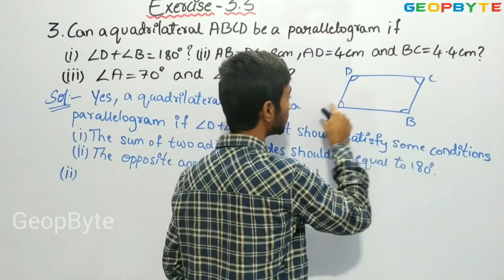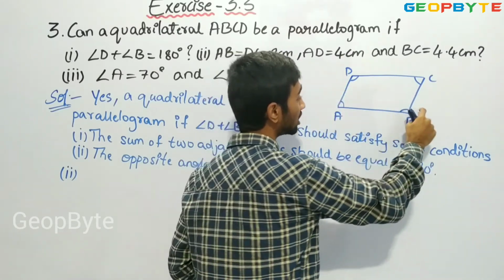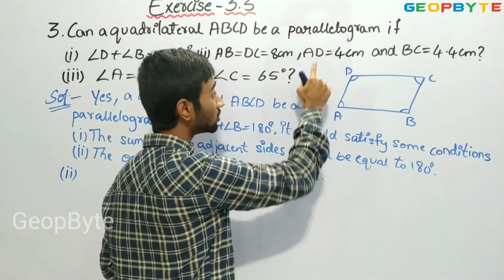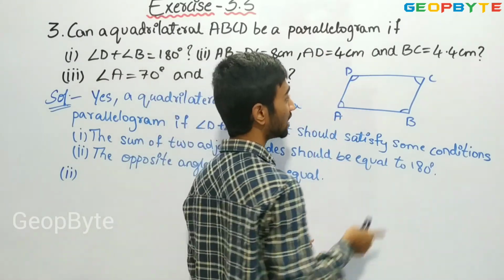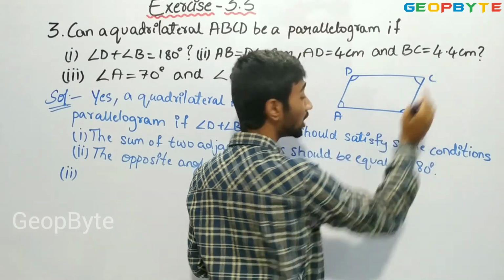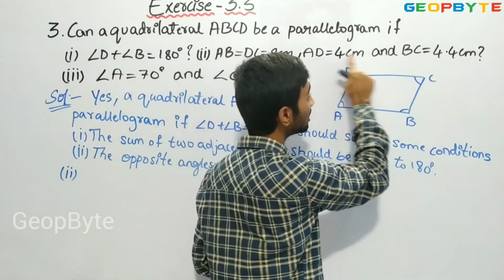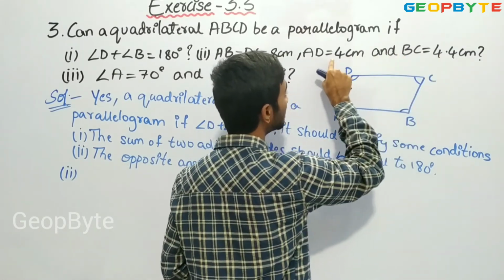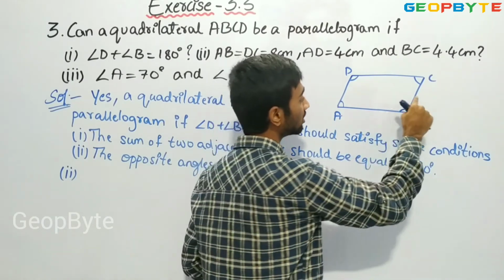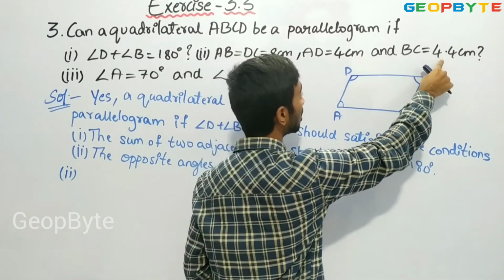We know that opposite sides are equal. That means AD is equal to BC. But in the question it is given that AD equal to 4 cm and BC equal to 4.4 cm. Here AD is not equal to BC because the values are differing.